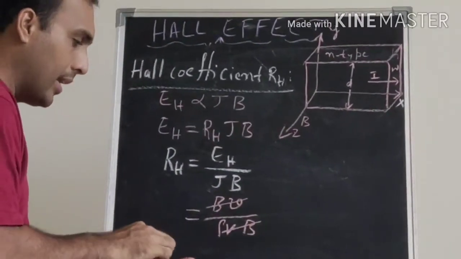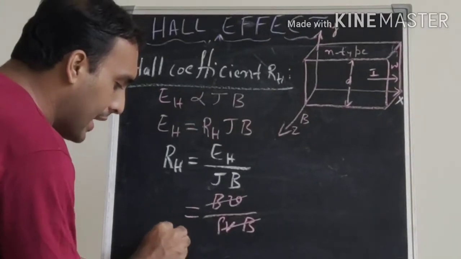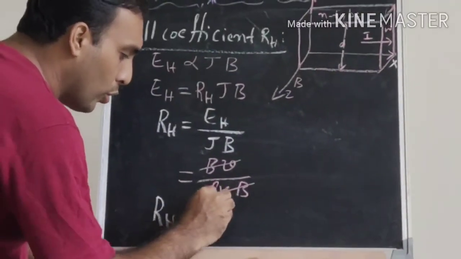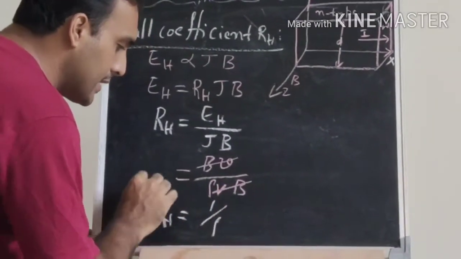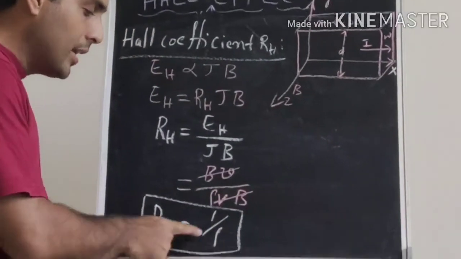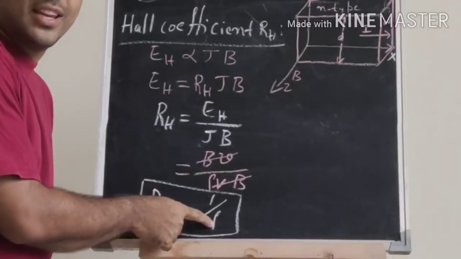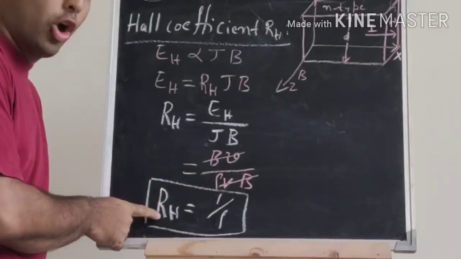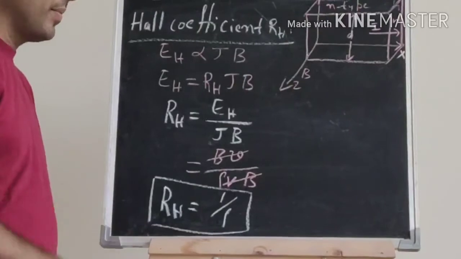So what is remaining? RH is equal to 1 by rho. This is the expression for Hall coefficient. So Hall coefficient is 1 by the charge density rho. 1 by charge density is called Hall coefficient RH.